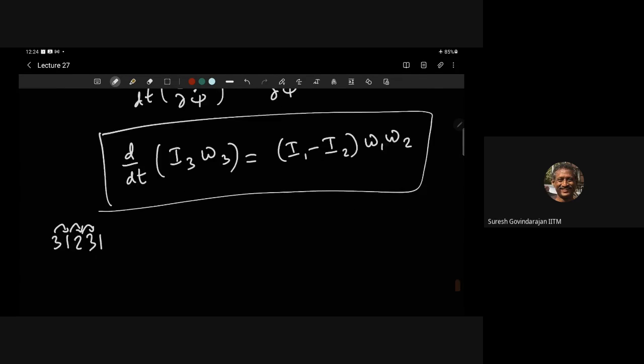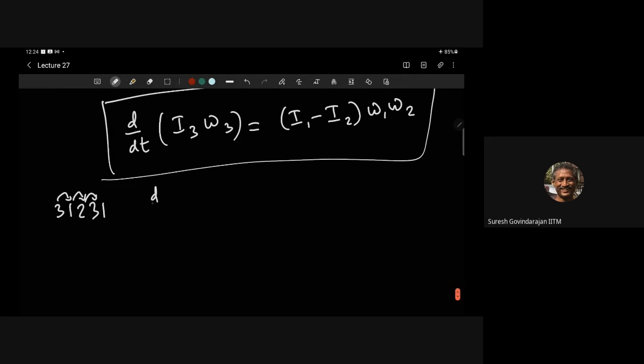So d by dt of I1 omega 1 equals (I2 minus I3) omega 2 omega 3.